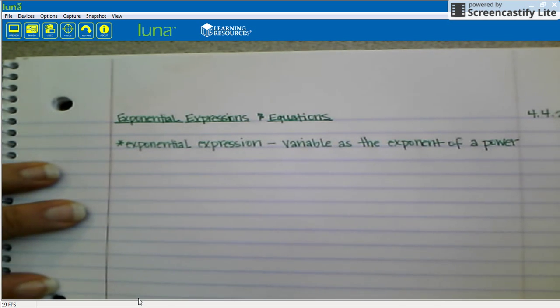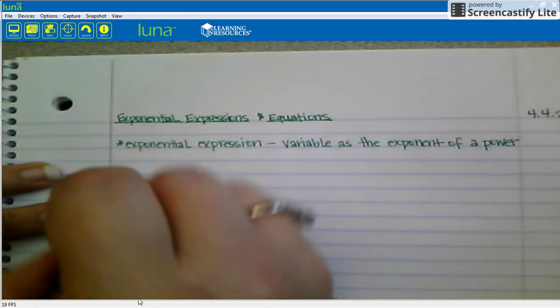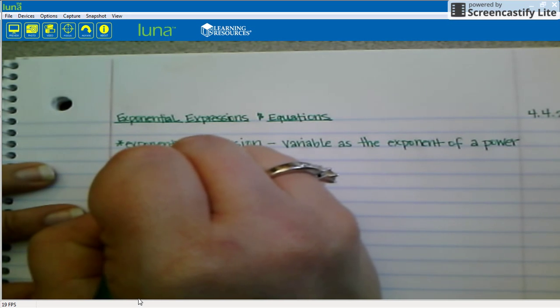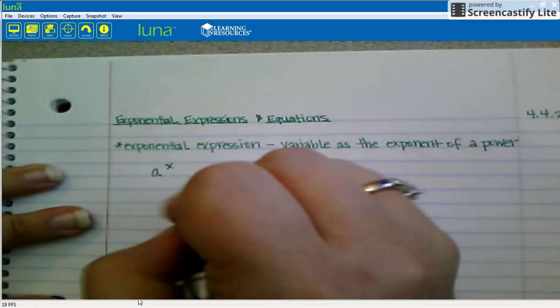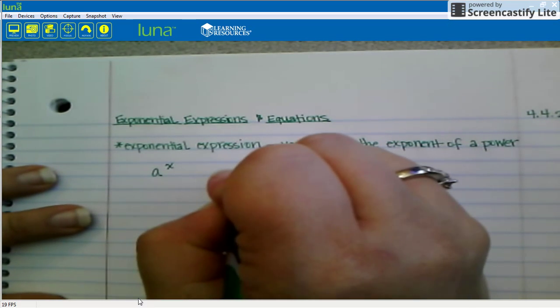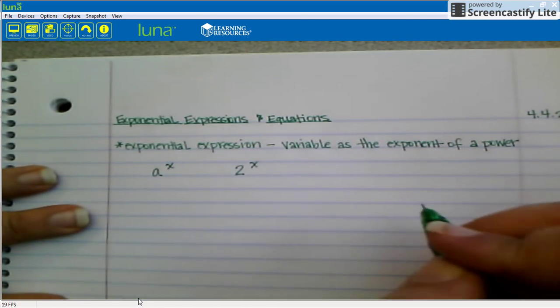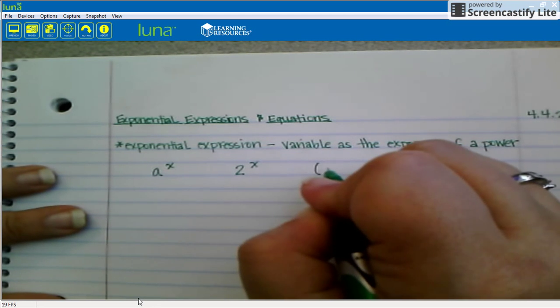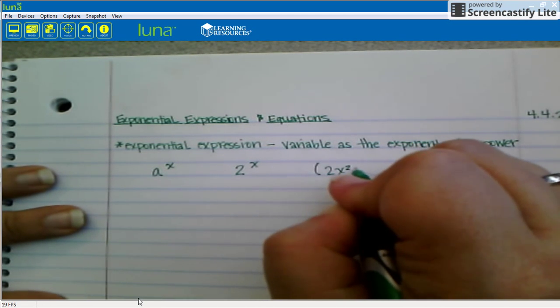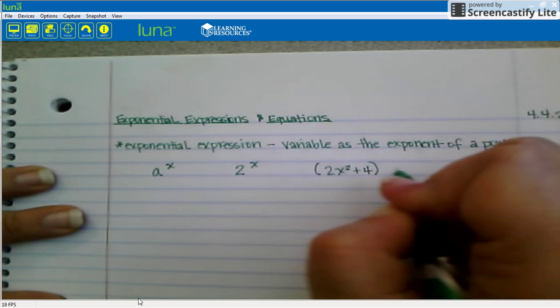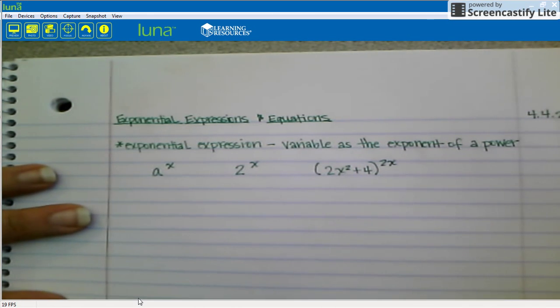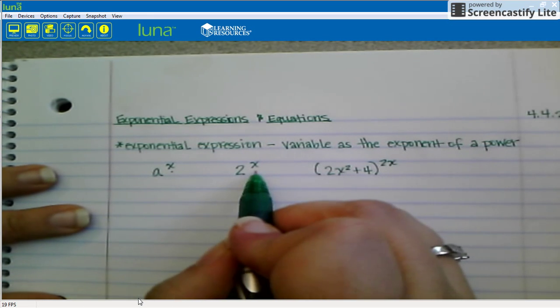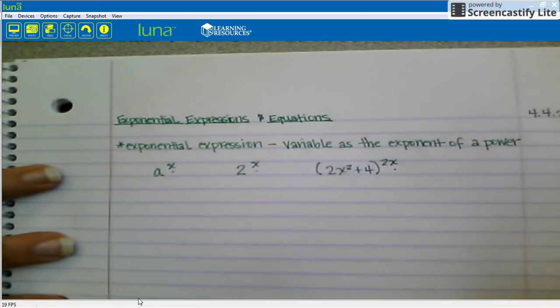So when we talk about an exponential expression, you can have a variable raised to the power of a variable. You can have a number raised to the power of a variable. You can have another expression raised to the power of a variable. But as long as there is a variable in the exponent of the power, then it's an exponential expression.